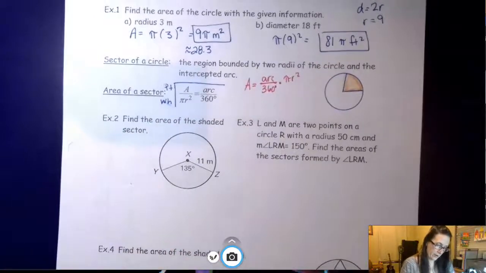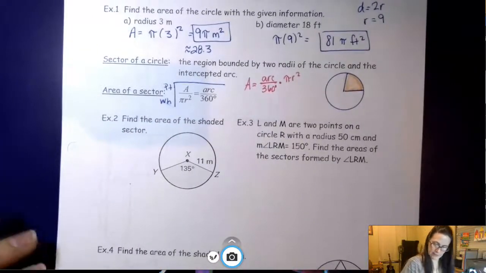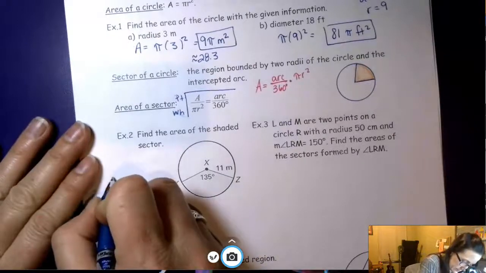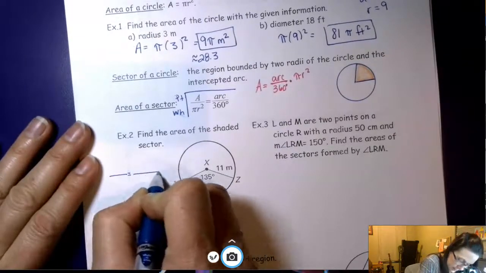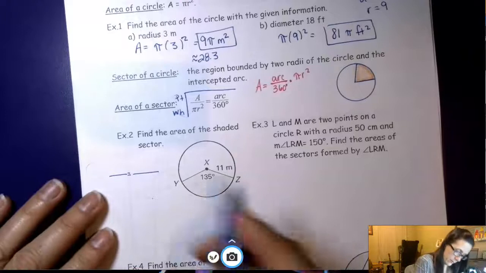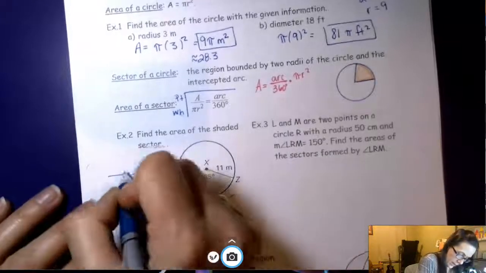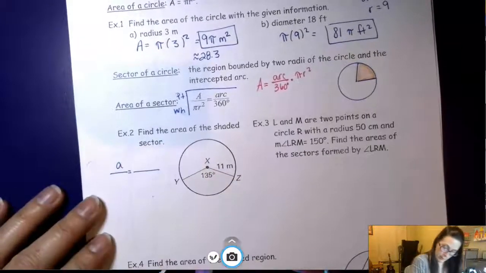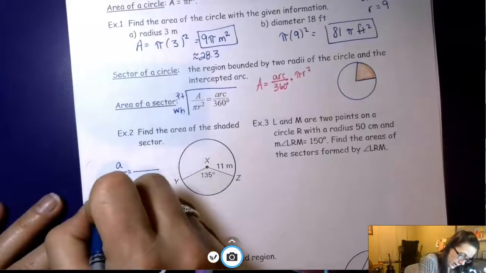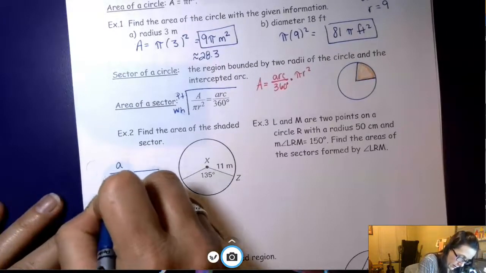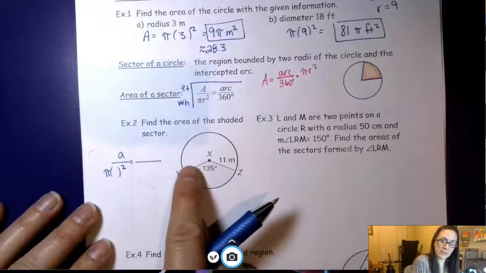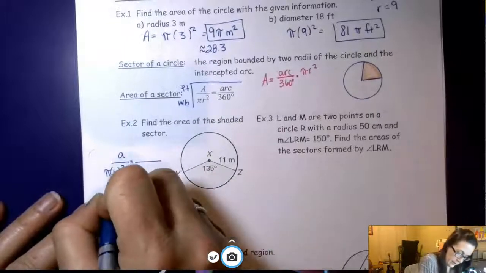Right here, find the area of the shaded region, set it up. Area is what I'm looking for, so that's my variable. You can put A, you can put X, you can put whatever variable you want. The entire area is pi r squared. The radius here is 11. Again, pause.